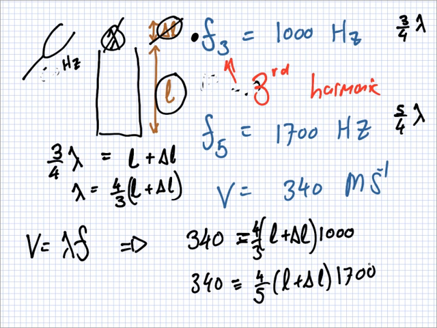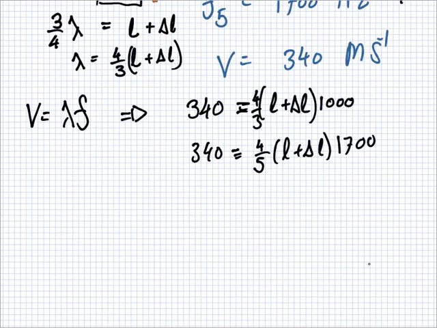Now, you realize your problem has been simplified because how many equations do we have? 2, and how many unknowns? 2. What do you get if you multiply 1000 by 4/3, please?